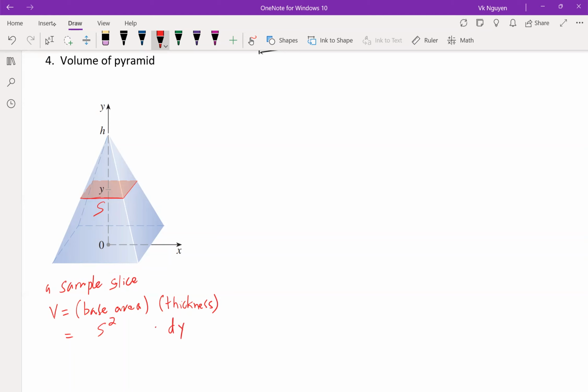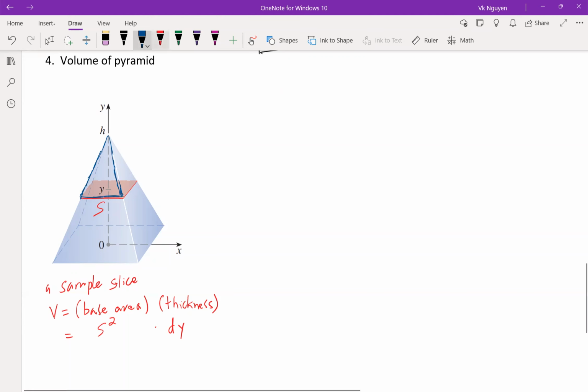We got to figure out that S. Oh, luckily, hopefully, you guys see that we have two triangles here, one inside another. So we have a smaller triangle, which is this one.